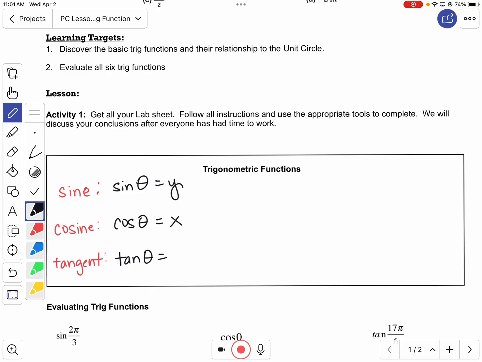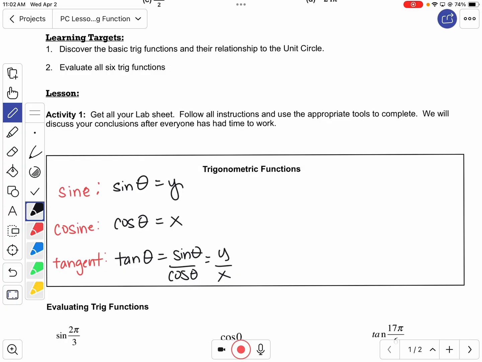We get zeros and ones in all those places, right? It is sine over cosine, okay? It's that y-coordinate divided by the x. It is sine over cosine, or as we refer to it, y over x. So anytime you're looking for tangent, you're going to take the y-coordinate and divide it by the x, okay?